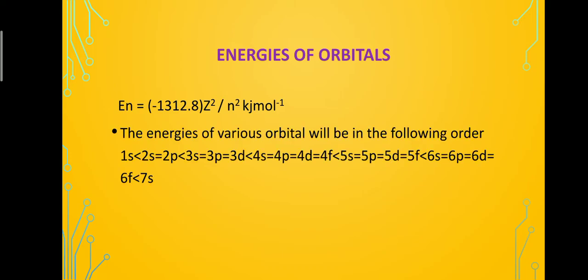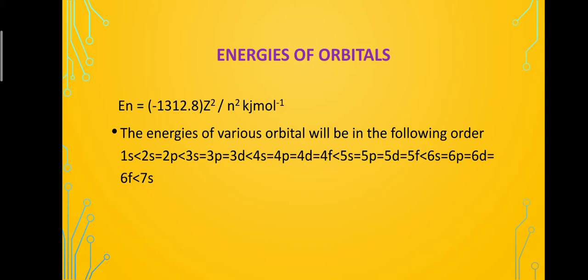Next one is the energies of an orbital. If we know the principal quantum number, we can calculate the energy of that level. According to this, the energy of various orbitals can be written in the following order. 1s is less than 2s.